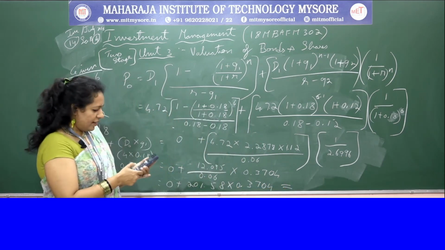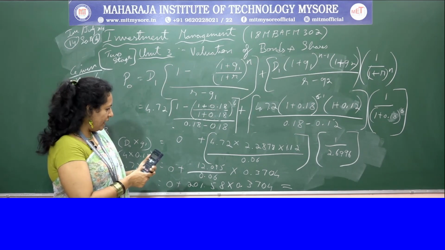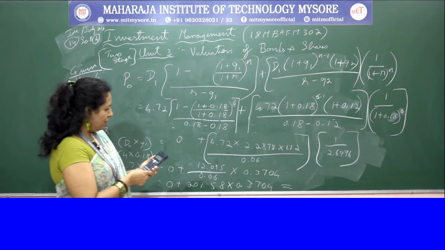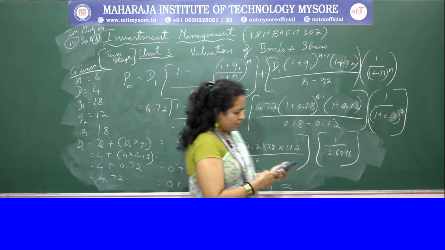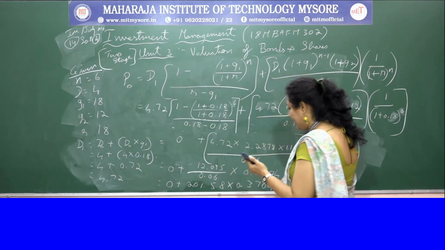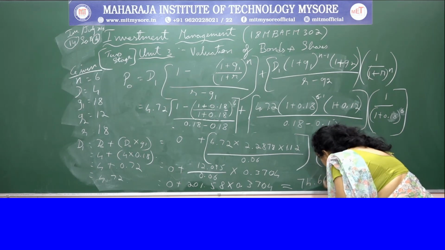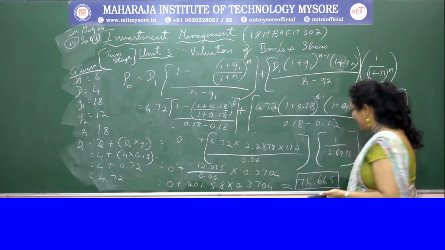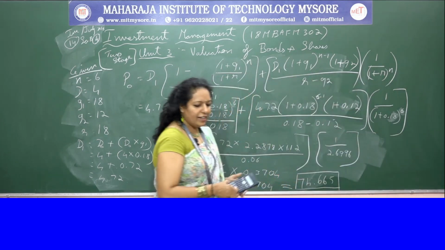I'll write the answer there itself. 201.58 into 0.3704. So your final answer is 74.665. That is the final answer.